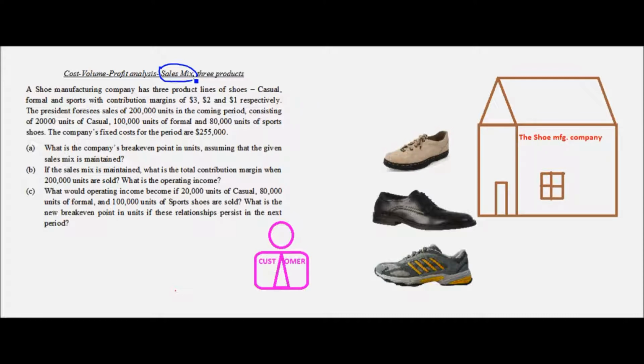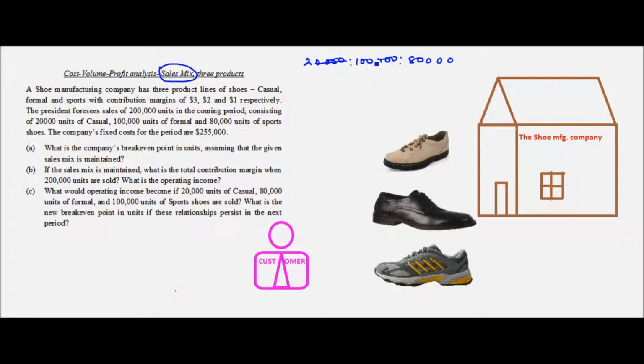So let's understand the sales mix now with reference to this example. Out of a total sales of 200,000 units, the relative quantities of sales of these three product lines are 20,000, 100,000, and 80,000. Let's take the ratio of these.